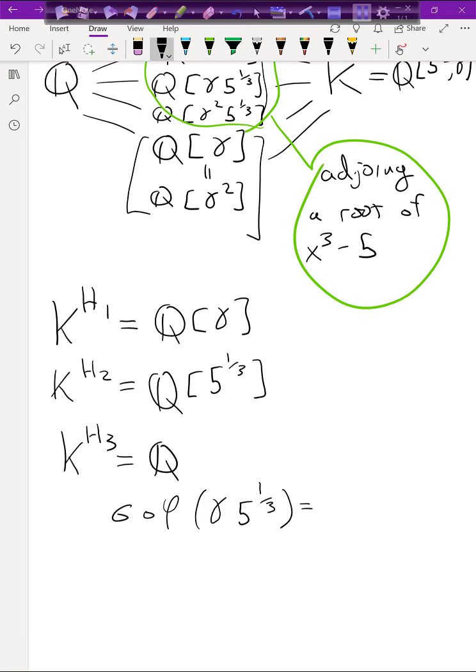When we computed this earlier, this is going to be gamma squared, okay, gamma times 5 to the 1/3. And that's equal to 5 to the 1/3? These two are not equal, so it didn't fix it. Let's try the other one.